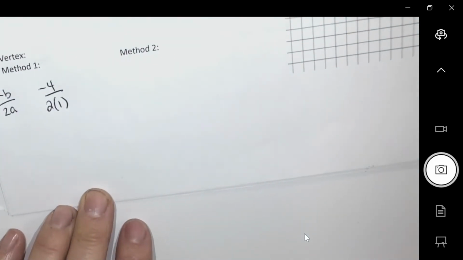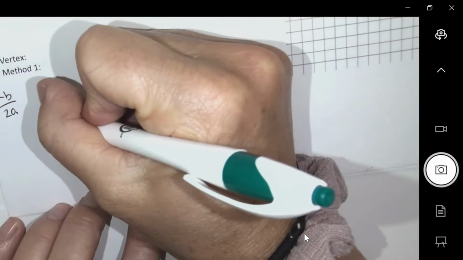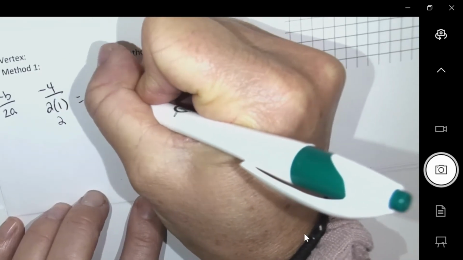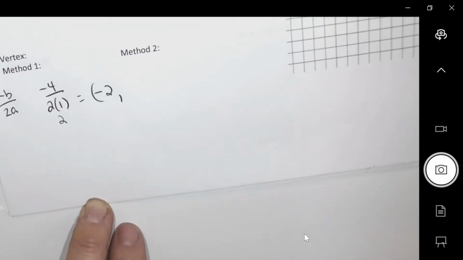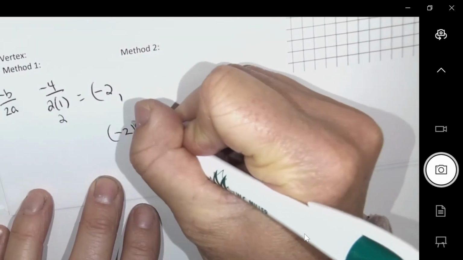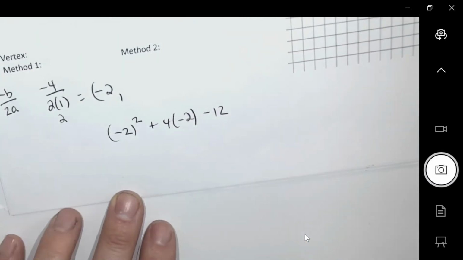So I'm going to start with the negative b over 2a. So that's negative 2. Now I'm going to plug it in.